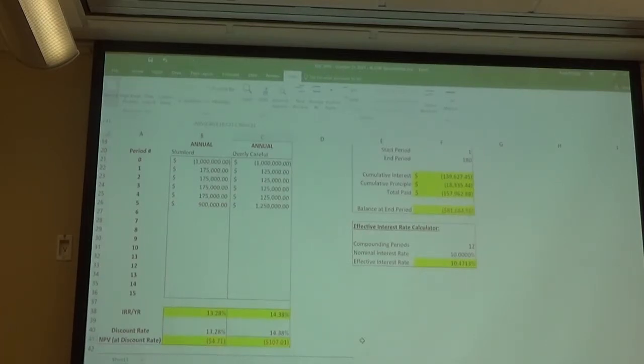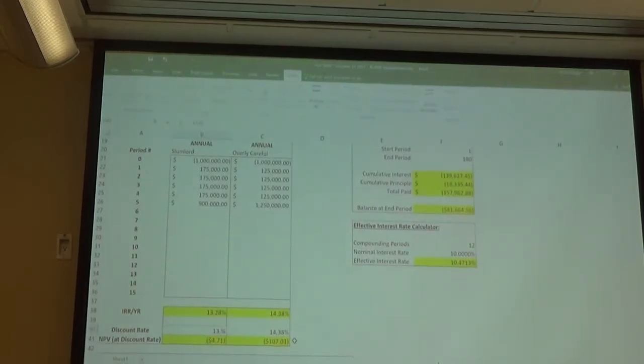Okay? So in this particular case, what we're saying is we have come within $4 of precisely meeting our hurdle rate or our discount rate of 13.28%. Matter of fact, if we were to change it just ever so slightly to 13.27, just to show, then yeah, see right there, and 14.37.